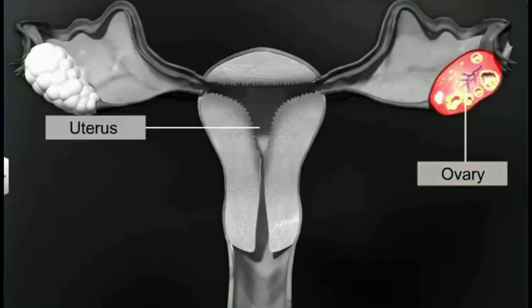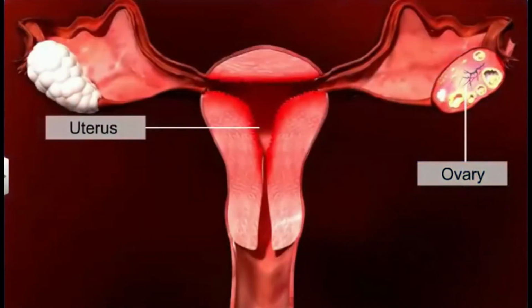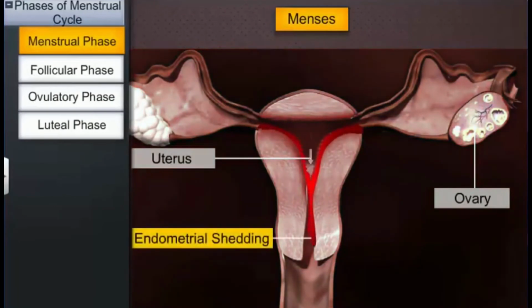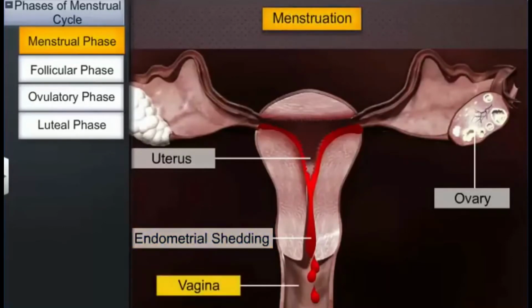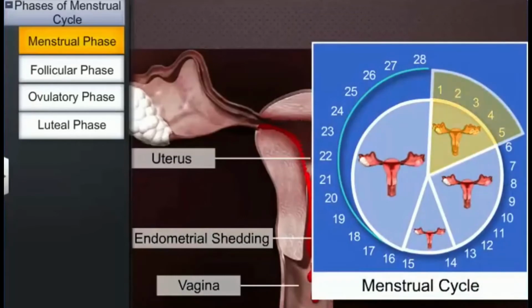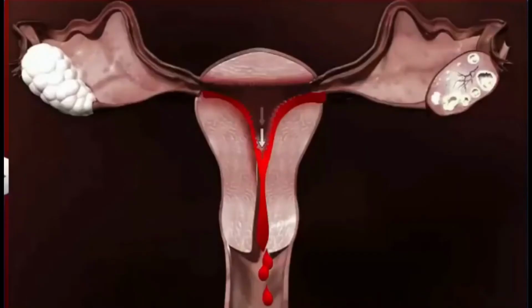secretion of hormones. For instance, during the menstrual phase, the endometrial lining of the uterus and its blood vessels break down and mix with blood, mucus, and other cell debris to form menses. The menses are discharged through the vagina as menstruation or menstrual flow, which lasts for 3 to 5 days from the beginning of the menstrual cycle.